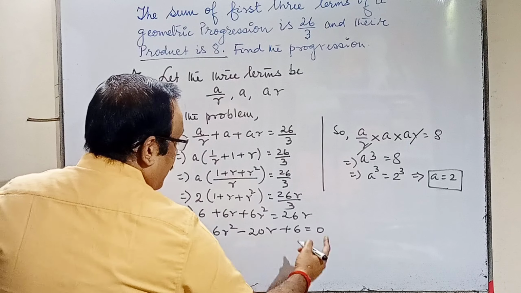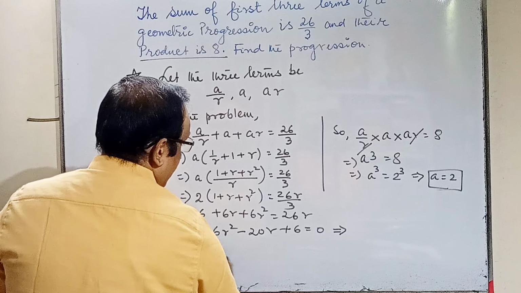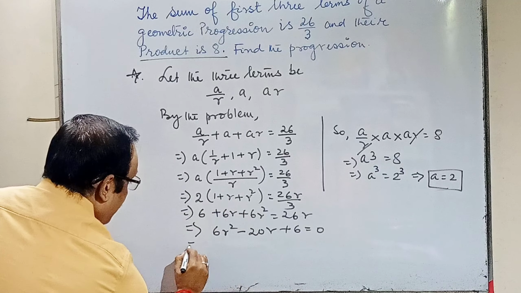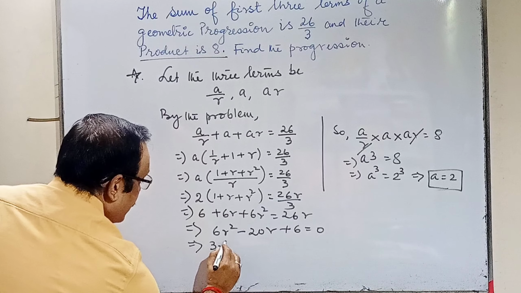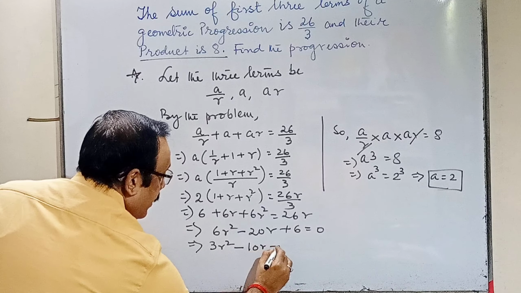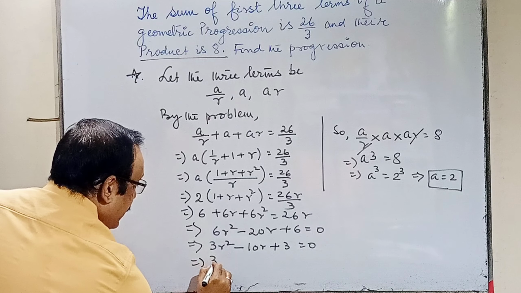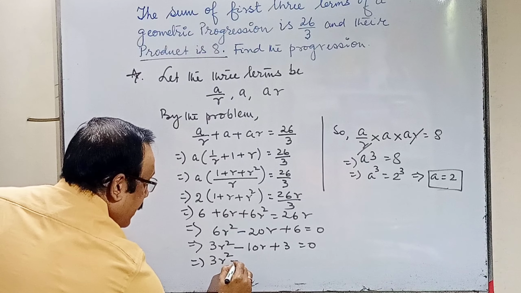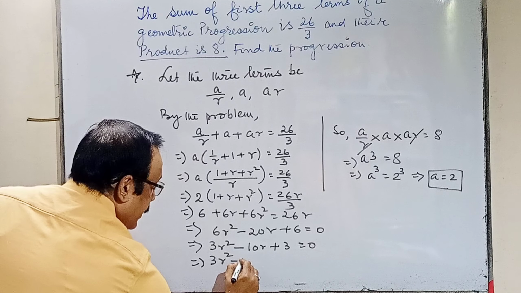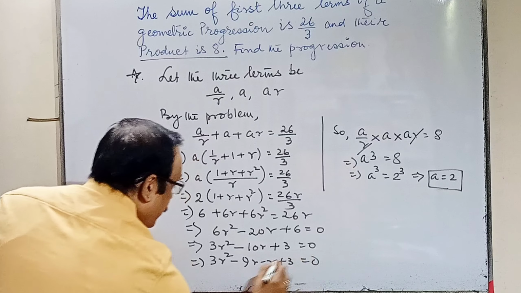If we cancel by 3, this becomes 3R square minus 10R plus 3 equal to 0. If you go for the middle term, 3R square minus 9R minus R plus 3 equal to 0.